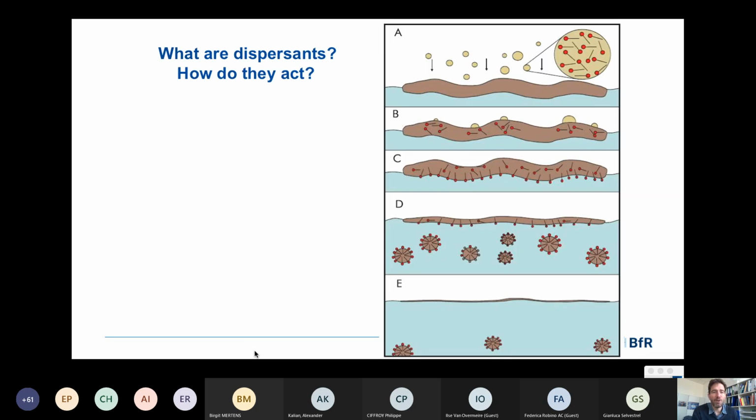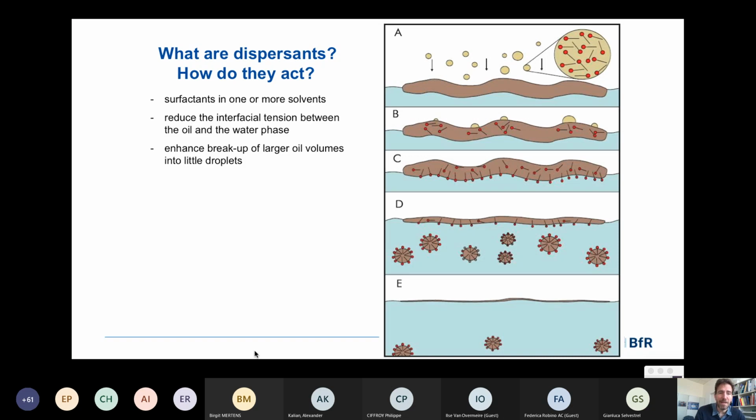So what are dispersants and how do they act? Imagine an oil slick on the surface of the water and you add a dispersant. This is like a surfactant with some kind of solvent inside, which will act on the surface of the oil slick and will promote the dissolution of this oil slick into small droplets.